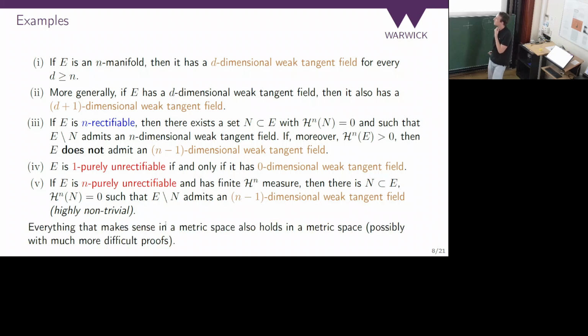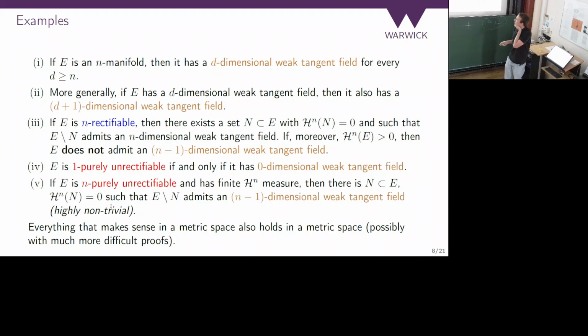All of these things also make sense in a metric space, except for, let's say, one, so I'm talking about manifold. All the other ones make sense in a metric space, and they hold in a metric space. And the last one actually gets much harder in a metric space as well. In fact, you need a recently published paper by David Bate and Julian White to actually state it in this big of a generality.